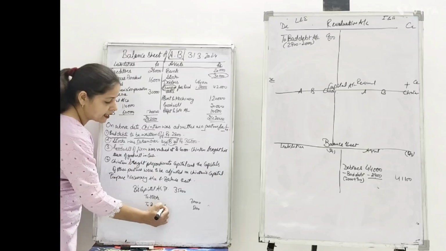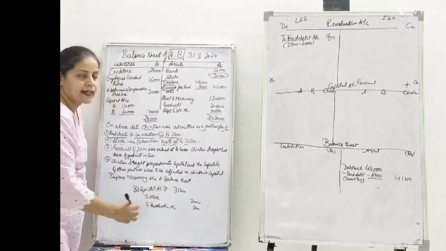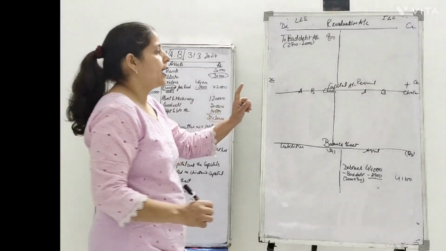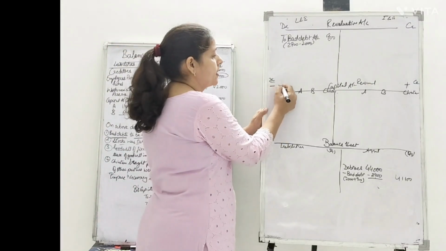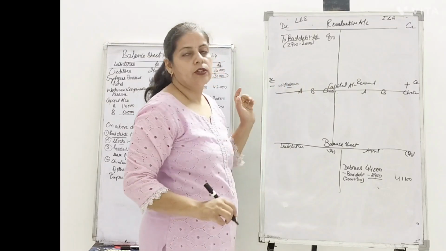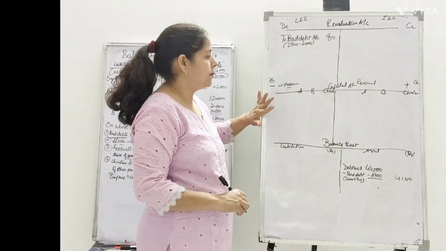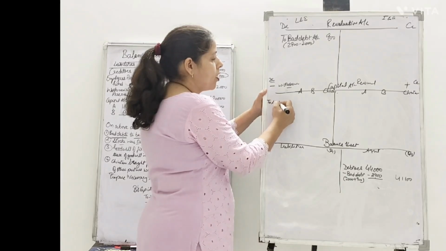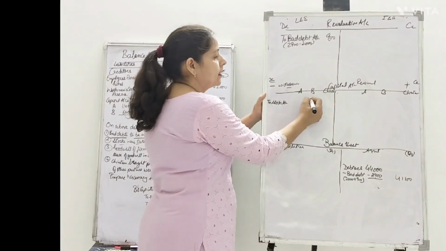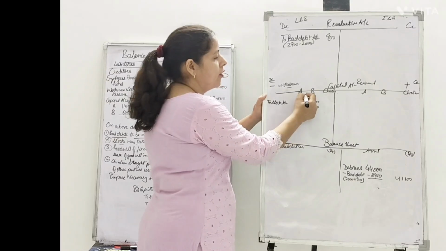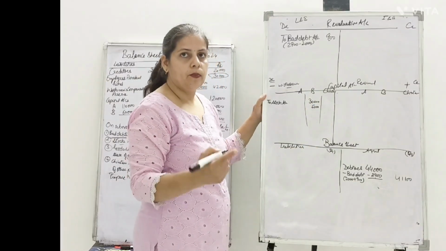So it should be taken to which account? That is the revaluation account. As I have told you, whenever something is withdrawn from the business by the partner, it is shown on which side? That is the debit side. So here B is taking stock from the business of 30,000 at a valuation of 5,000 more.